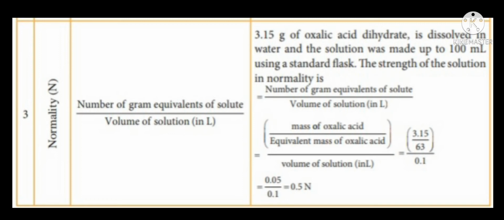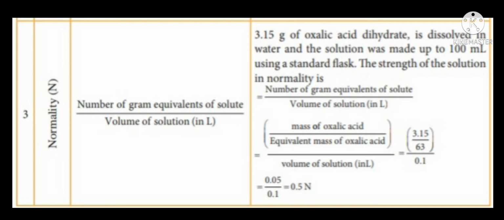3.15 divided by 63 whole divided by 0.1, where 3.15 is the mass of oxalic acid, where 63 is the equivalent mass of oxalic acid, where 0.1 is the volume of solution in liter.